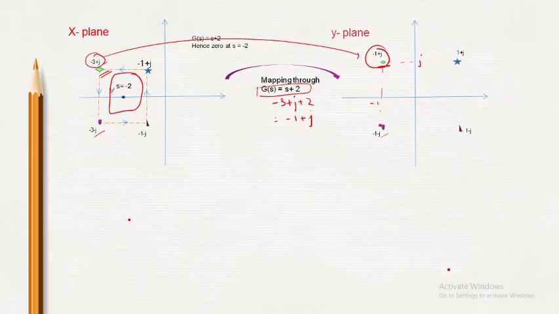Again you can see this is mapping in the anti-clockwise direction. So the direction over here is the same. So one thing we can conclude is that we had a function which was having a 0.